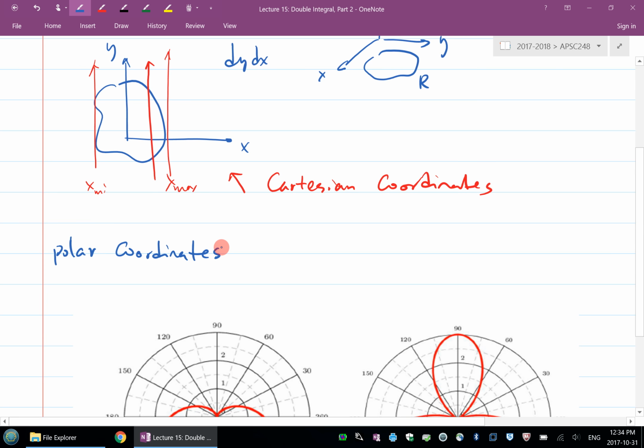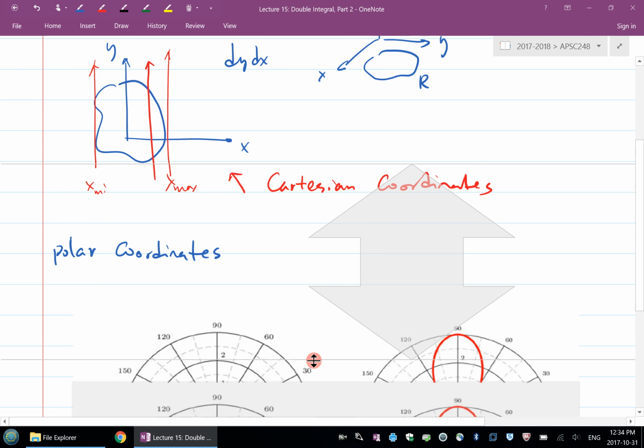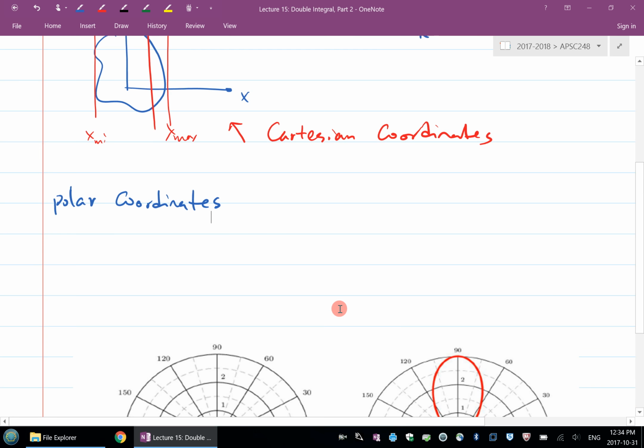It's called polar coordinates. So let's look at polar coordinates and also the evaluation of a double integral in polar coordinates. Then we'll look at what the advantage of this polar coordinate system is.